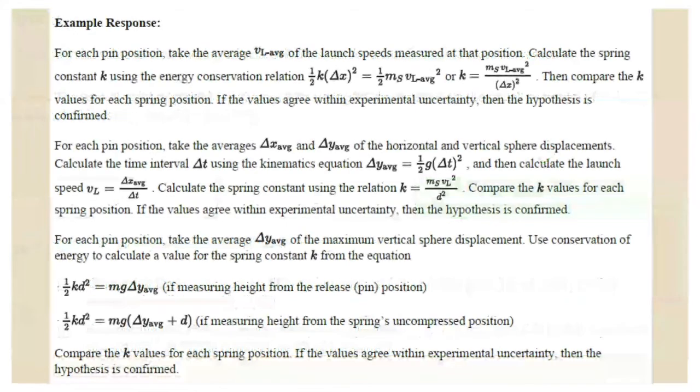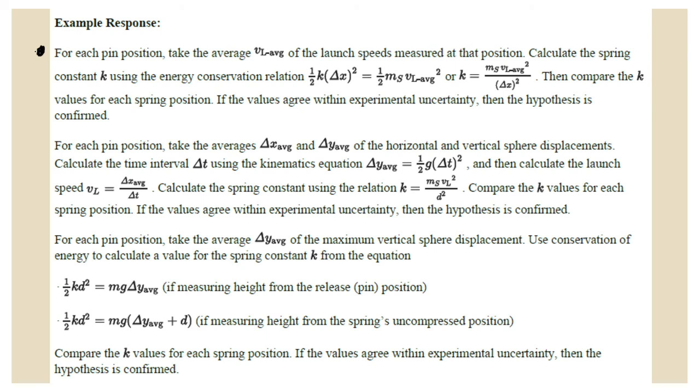Now, looking at the example responses here, for this first one, and this was just the straight up conservation of energy using the speed, for each pin position, take the average V launch, average of the launch speeds measured at that position, calculate the spring constant using the energy conservation relation. Notice that's basically what I had on the other slide, mv squared over x squared. Compare the k values for each spring position.